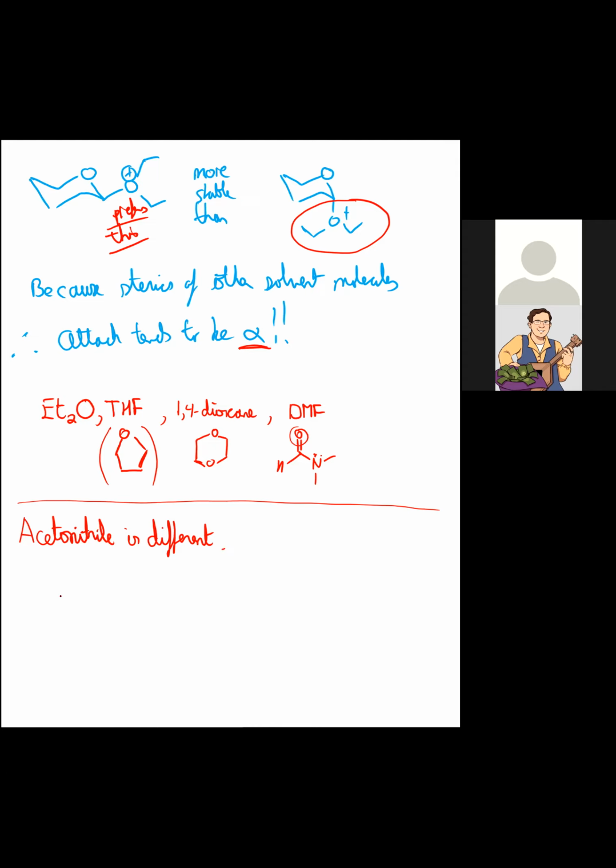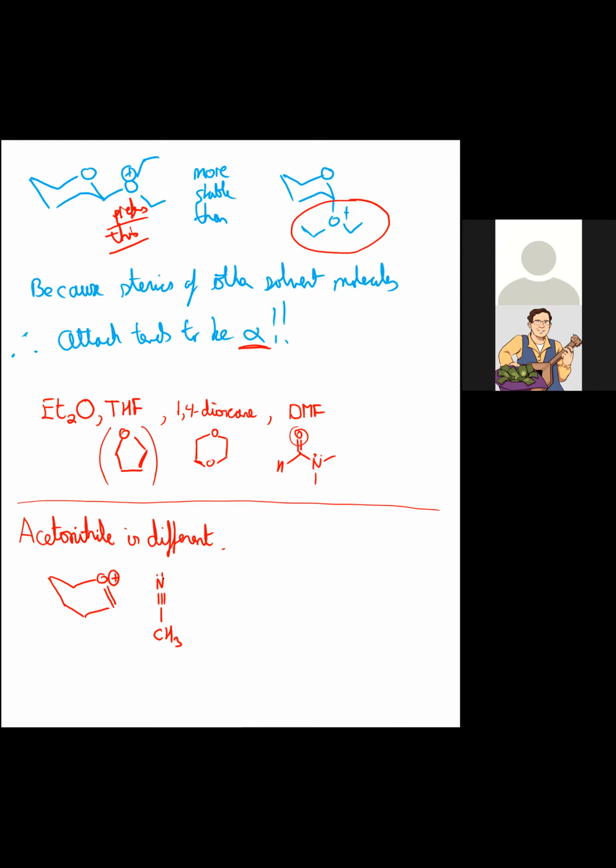So if we have this guy, sorry, we're going to go back to our oxocarbenium, and we did this in acetonitrile. Remember that acetonitrile is N triple bond carbon methyl group, and it's completely linear, which is kind of cool. So it's a lot smaller.